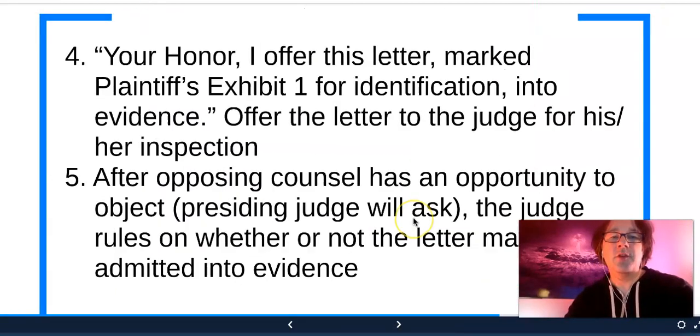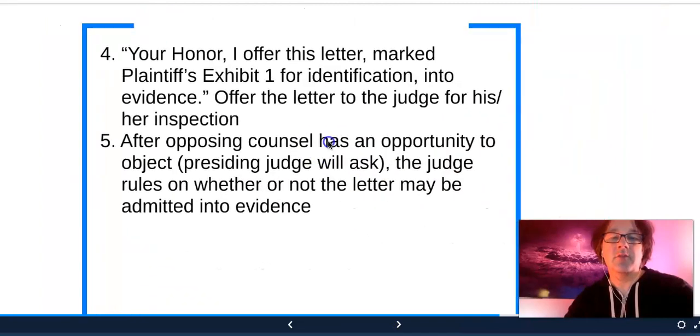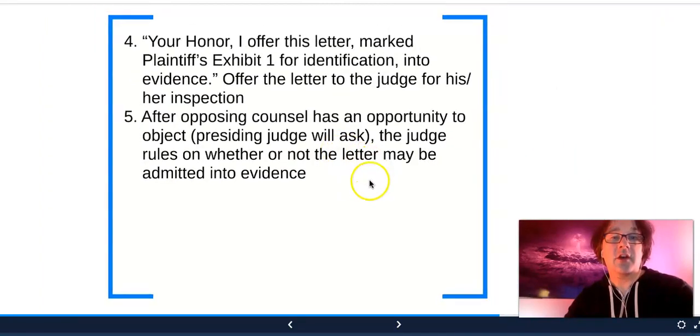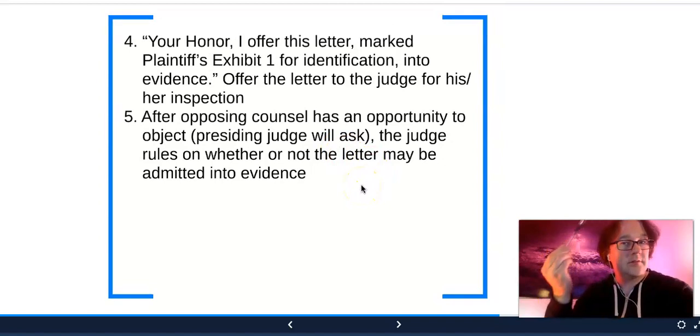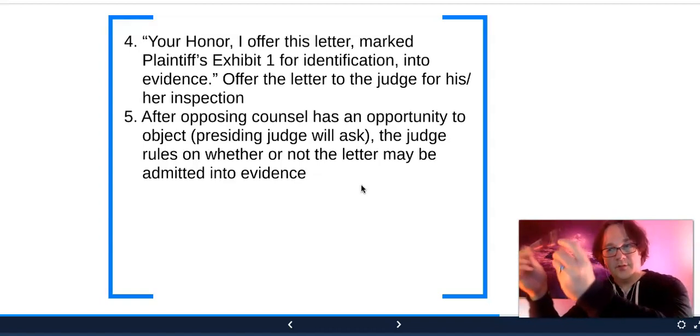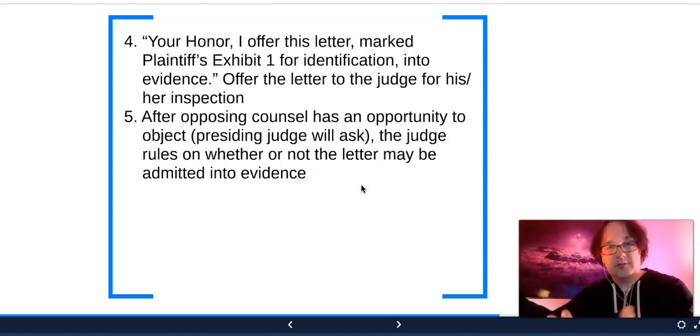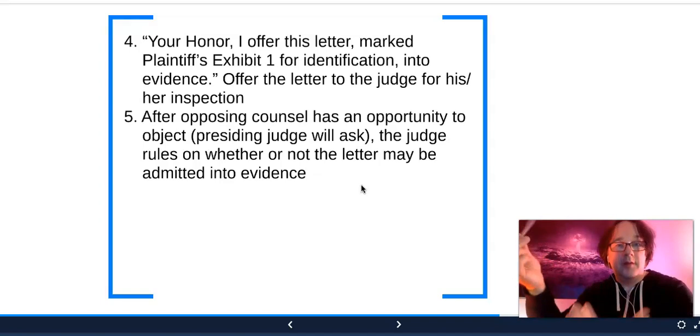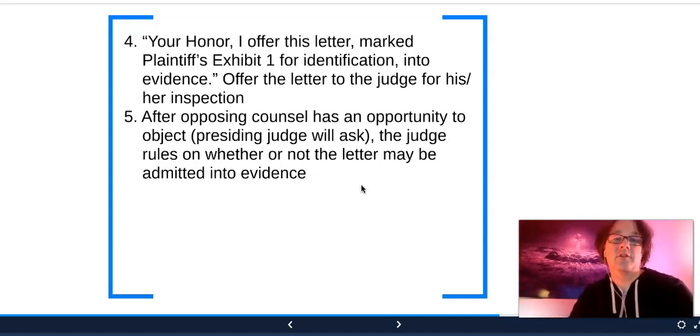So you would say to the judge, Your Honor, I offer this pen marked Plaintiff's Exhibit 1 for identification into evidence. So you're basically offering the pen to the judge for them to inspect.